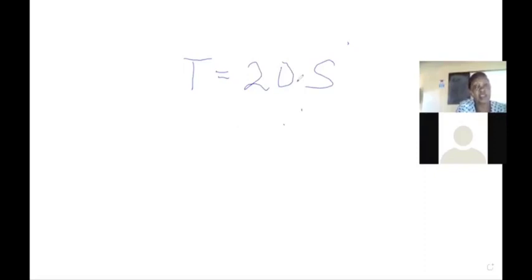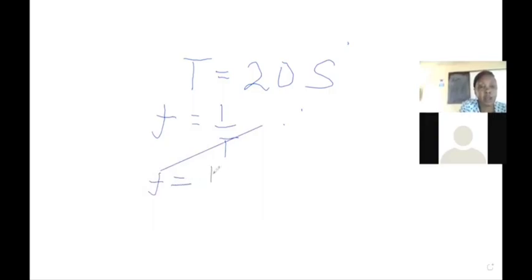Let's say a student, instead of getting 20, assumes the period was 10. So uses T as 10 instead of 20, and comes ahead and says F is equal to 1 over T. That is the formula. Substitutes F is equal to 1 over 10.